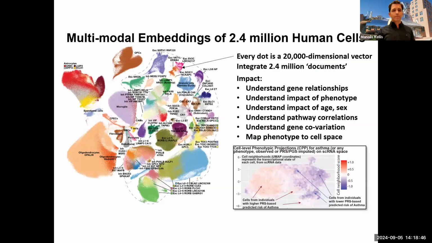This is now taking this map that I showed you earlier of 20,000 measurements for every cell and 2.4 million cells across 400 individuals, and then projecting onto this map the phenotypes of those people, where you can say who has Alzheimer's and who's a control.